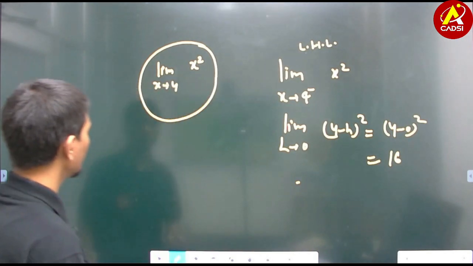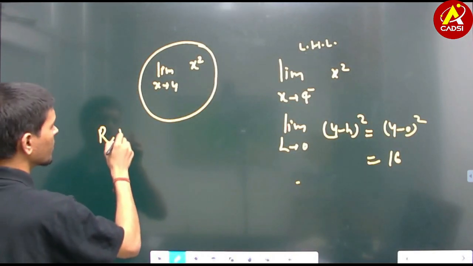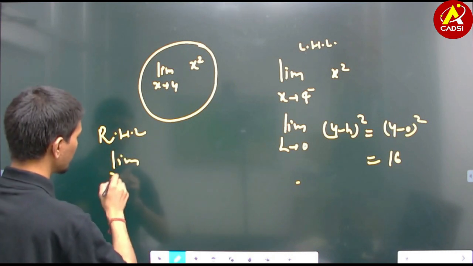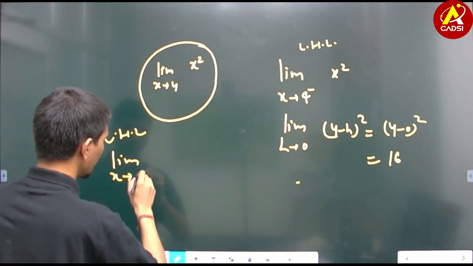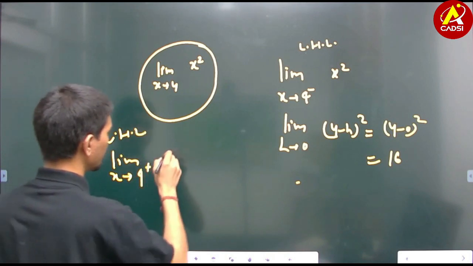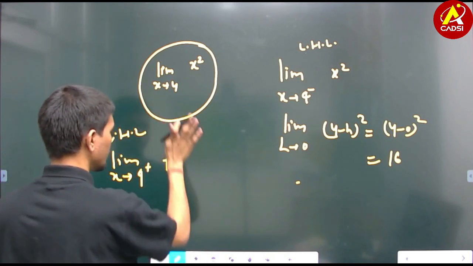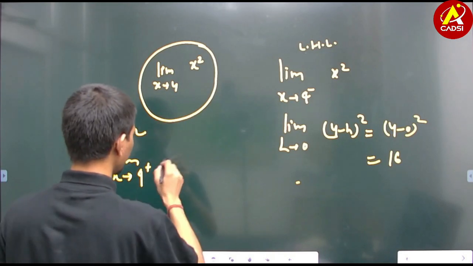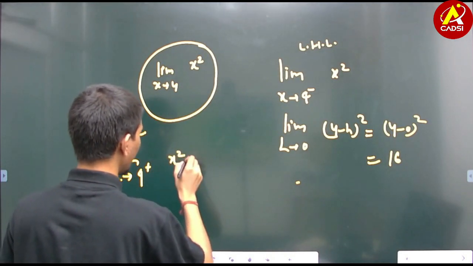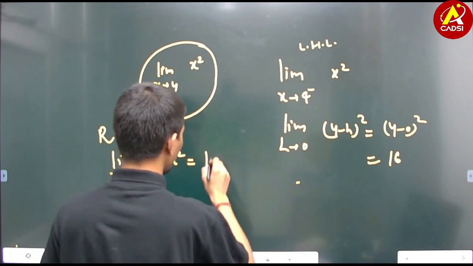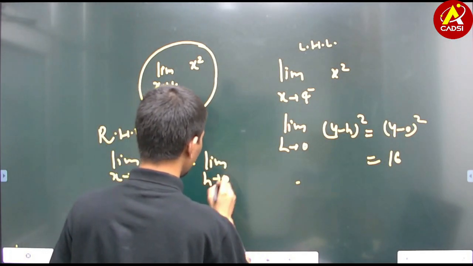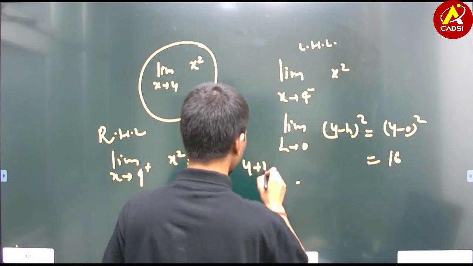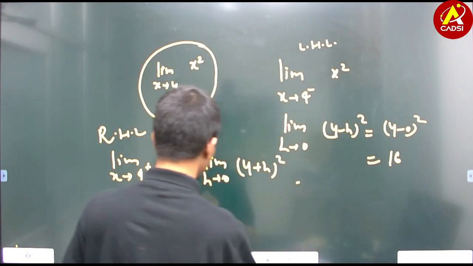Similarly, the right hand limit of x square: limit h tending to 0, (4 plus h) square.